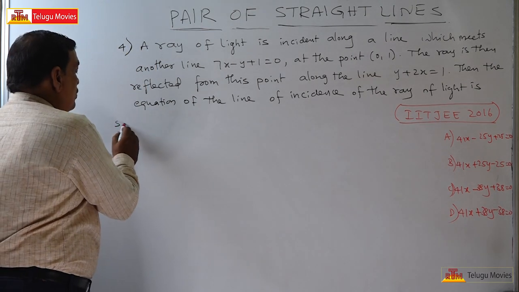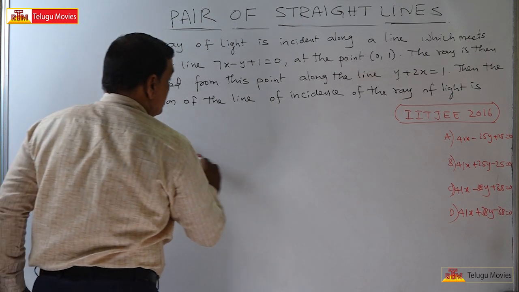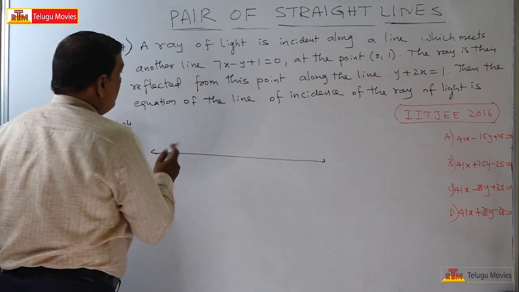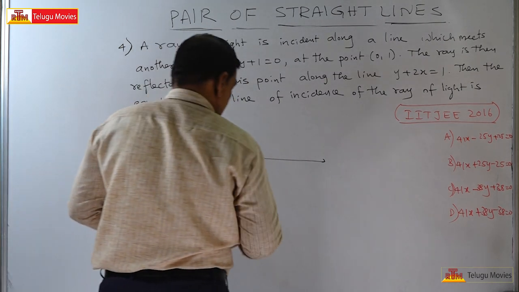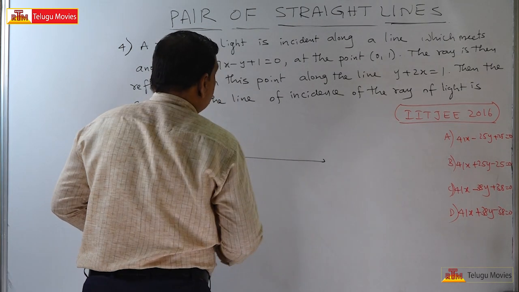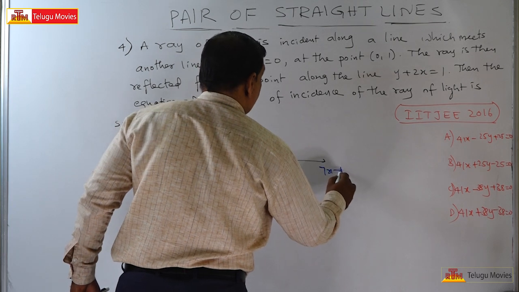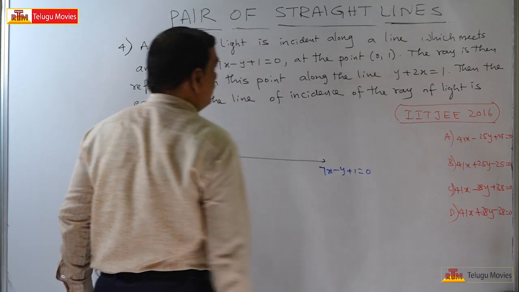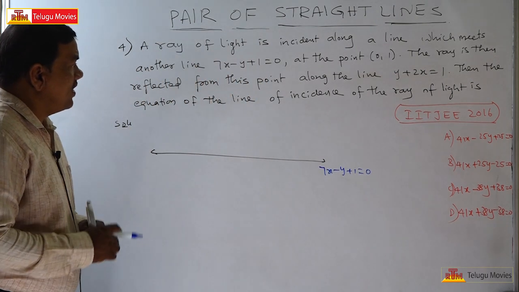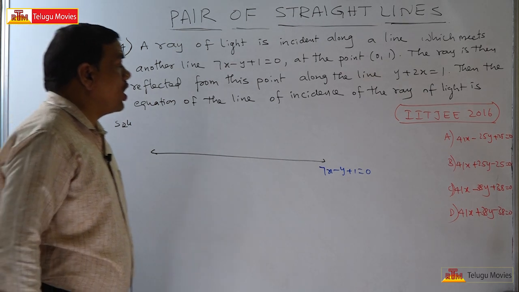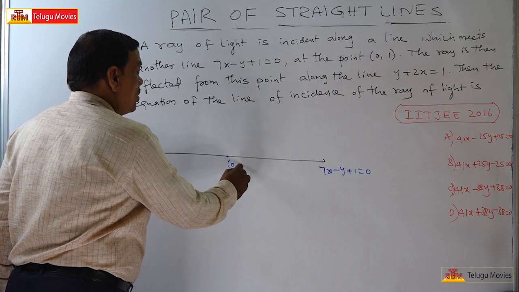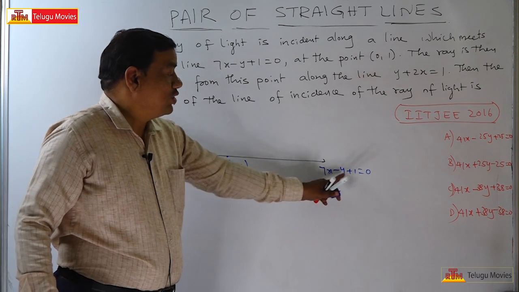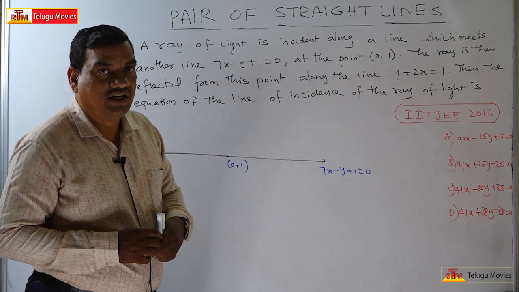Now, coming to the solution part. First of all, the equation of the line is given: 7x minus y plus 1 is equal to 0. On this line there is a point, (0, 1), which satisfies that equation.